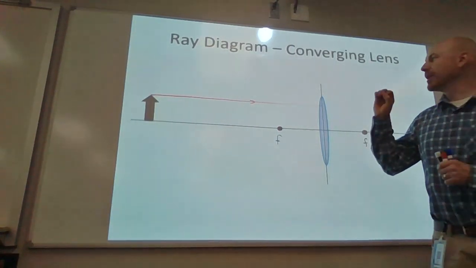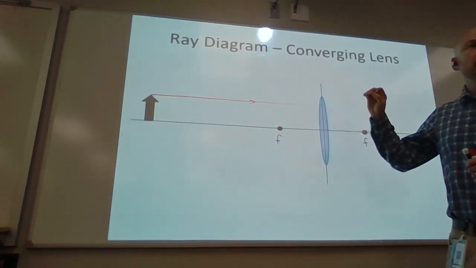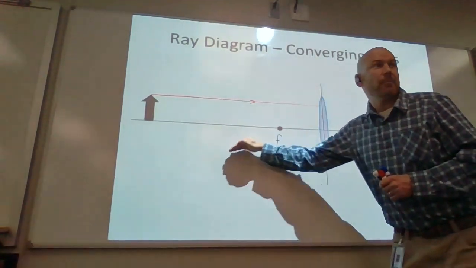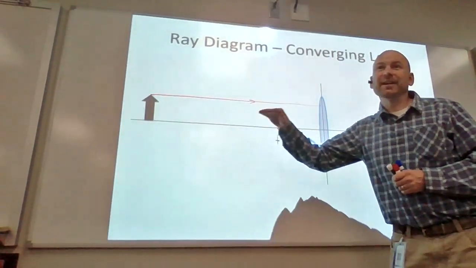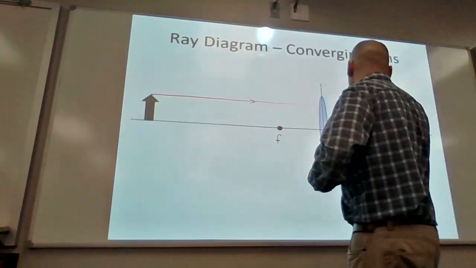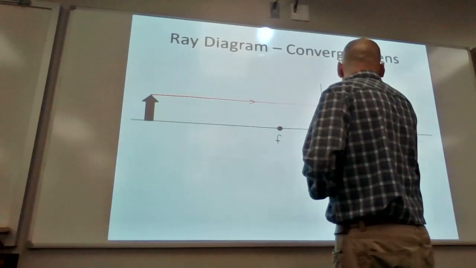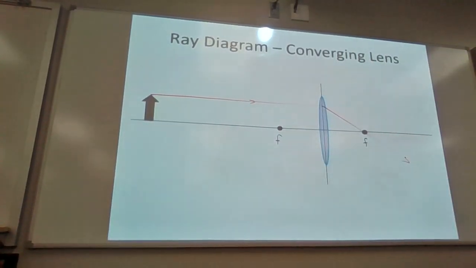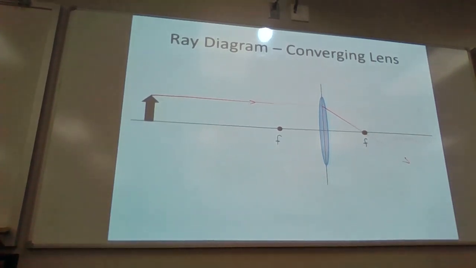Okay, if this was a mirror, it would reflect through the focal point, but it's a lens, so it refracts or passes through and goes through the far focal point. Okay.